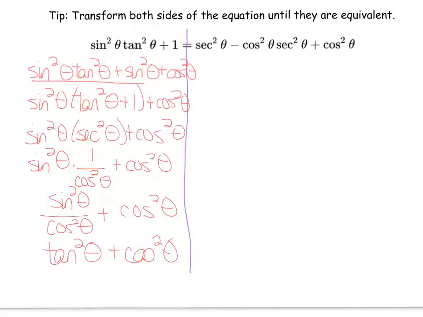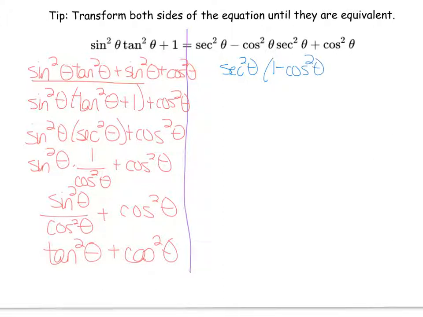I'm going to do sort of the same thing here. From this step on, it's going to be very similar. When I look at these two terms, secant squared theta is common. So I'm going to take the secant squared theta out. I'm left with 1 minus cosine squared theta.